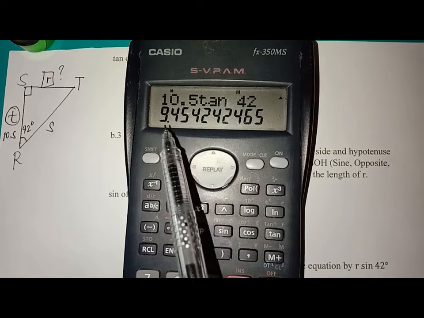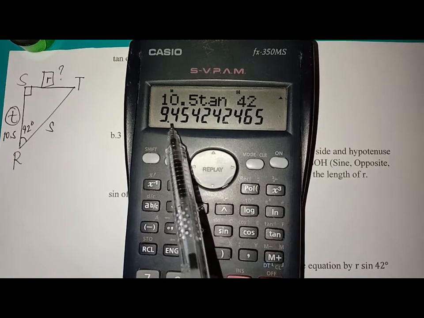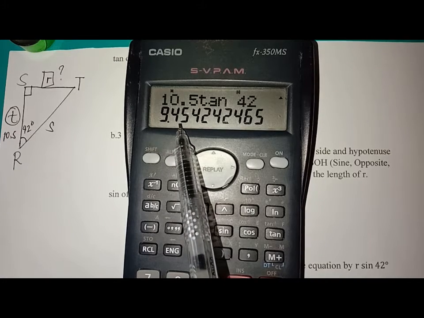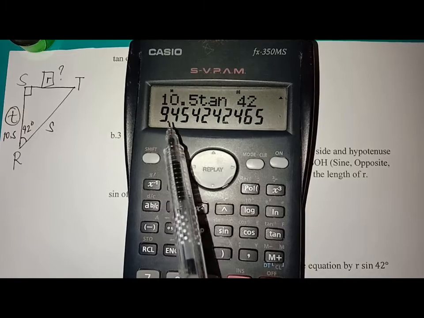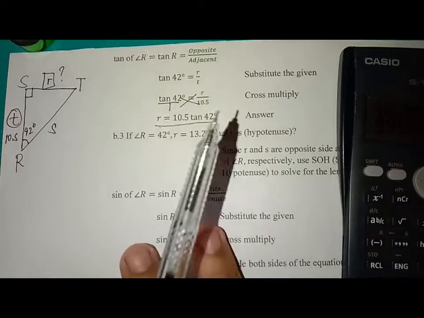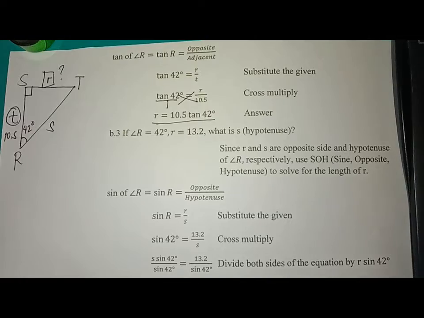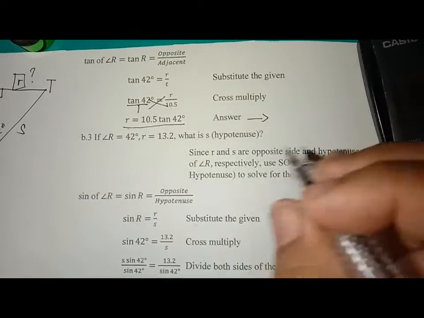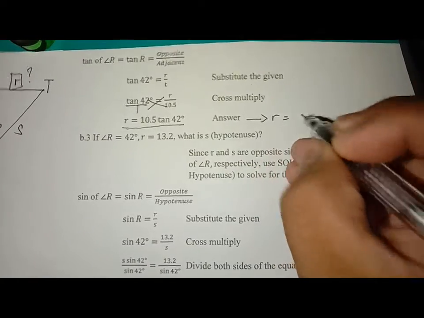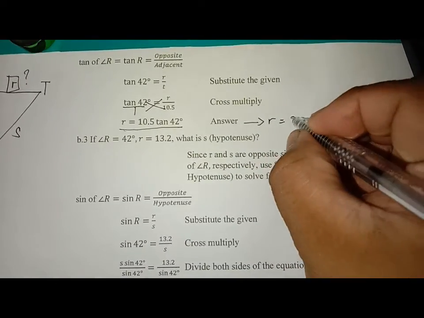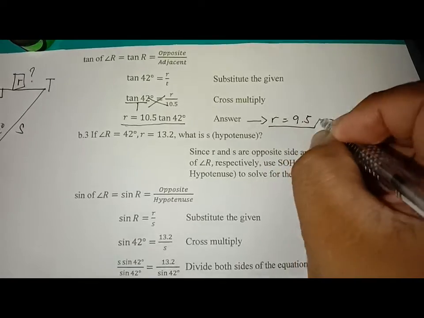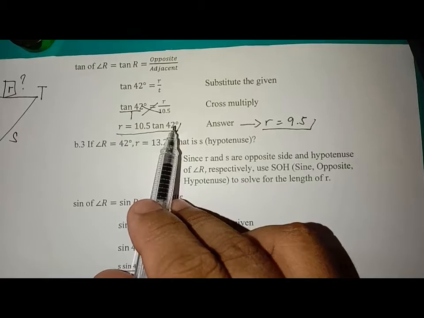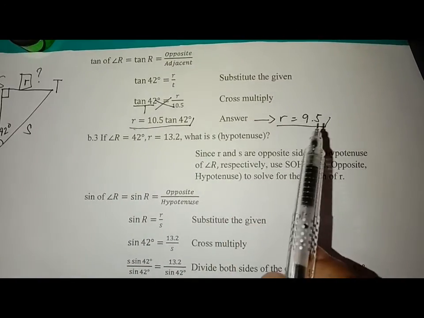If you round this off to the nearest tenth, this is the tenth place, the 4 after the decimal point. Since the digit next to 4 is 5, round up, plus 1 to the 4, so that is 9.5. So 10.5 tangent 42 degrees is approximately R equals 9.5. It's either this one or this one: 10.5 tangent 42 degrees, and its approximate value is 9.5.